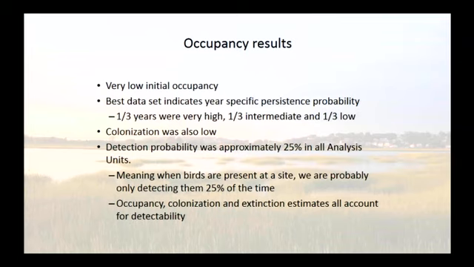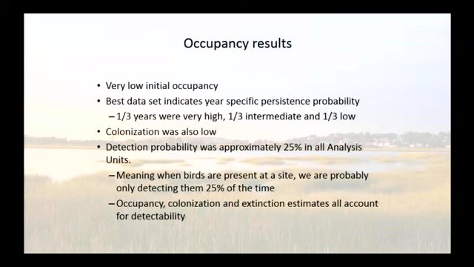One was that the best data set, the South Carolina data set and the Southeast data set, showed us year-specific persistence probabilities. So in 1 year out of our 4 years of data, the probability of persistence was something like 99%. So when they went from 1 year to the next, all the sites that were occupied the previous year, almost all of them were occupied the second year.